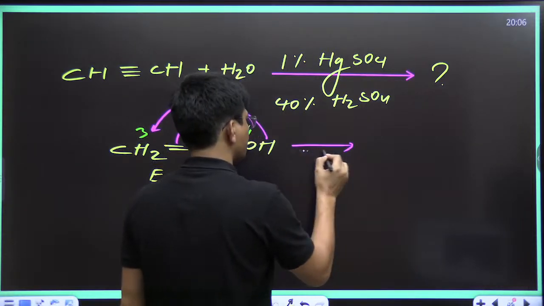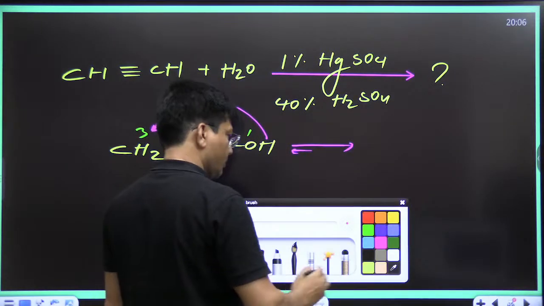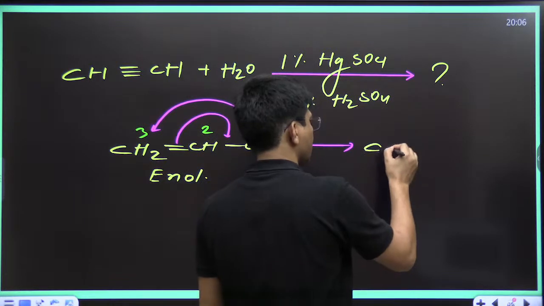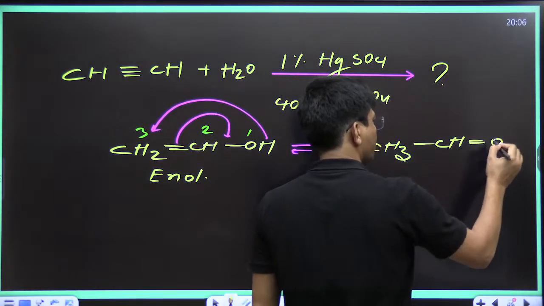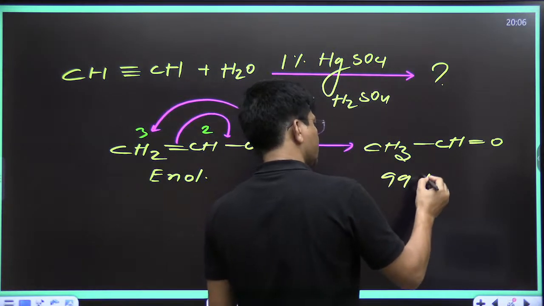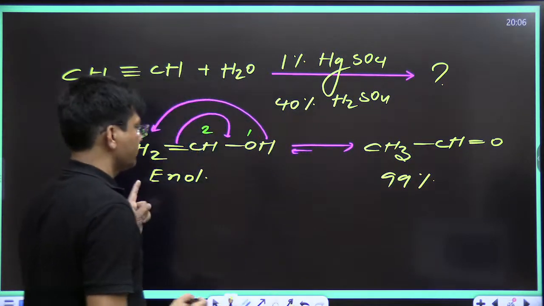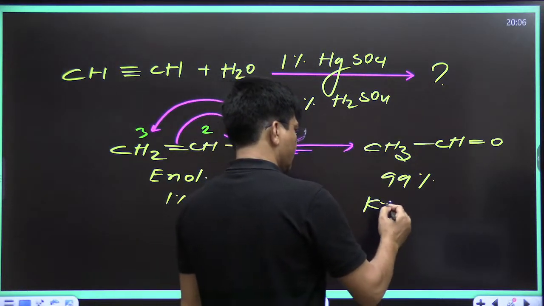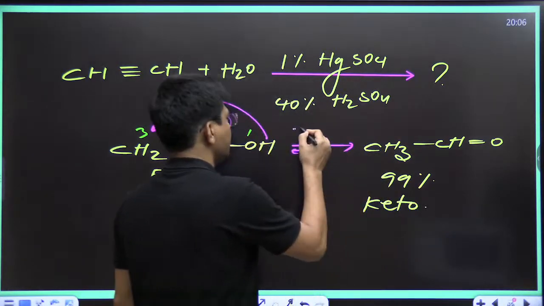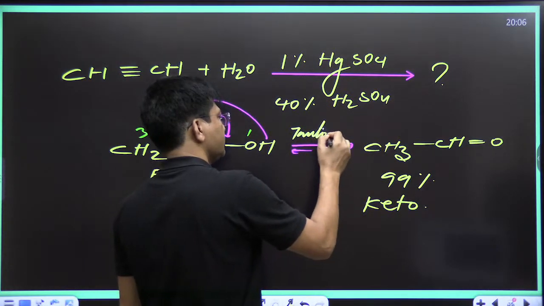So the tautomerization will be more towards that direction and you will get CH3, CH double bond O. 99% is stable, 1% is the stable enolic form, and that is the keto form, and these are the tautomers.